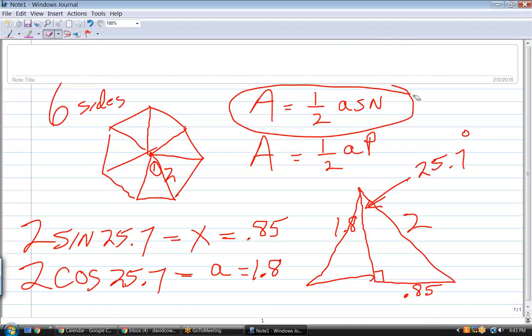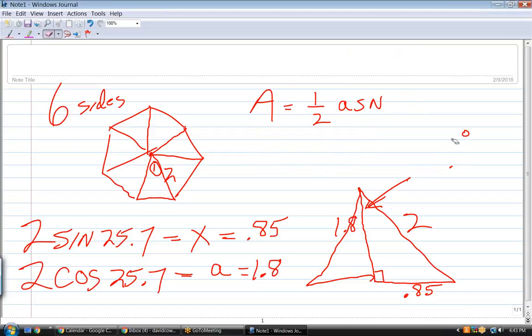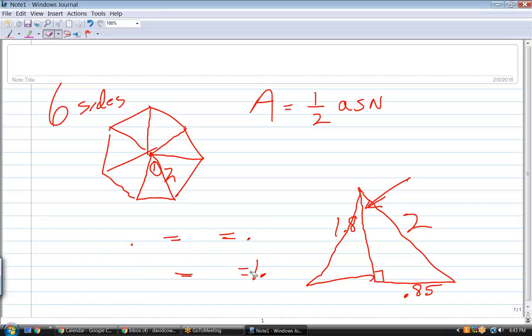Okay. I'm going to erase that. So what's angle 1? Angle 1 is, for 6 sides, angle 1 is 60.